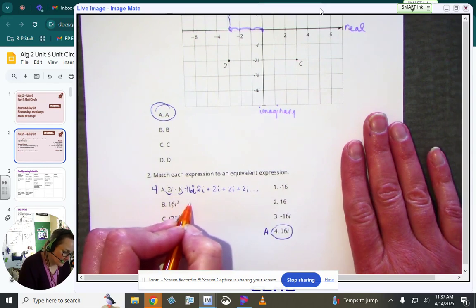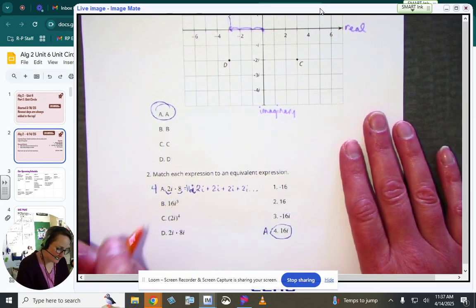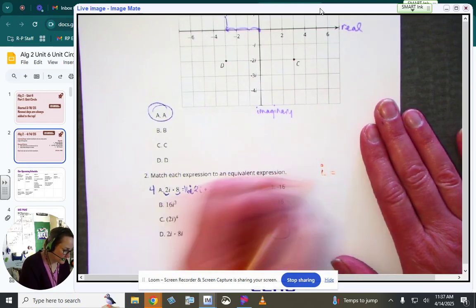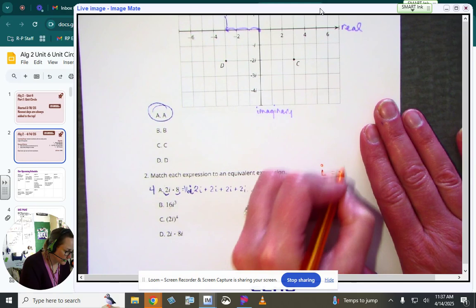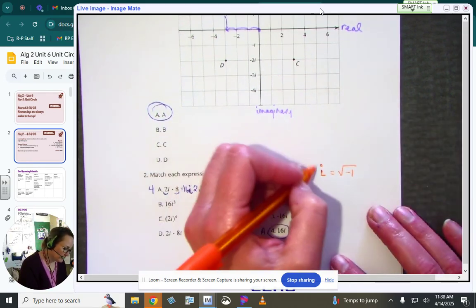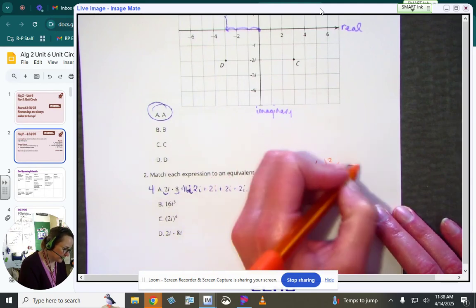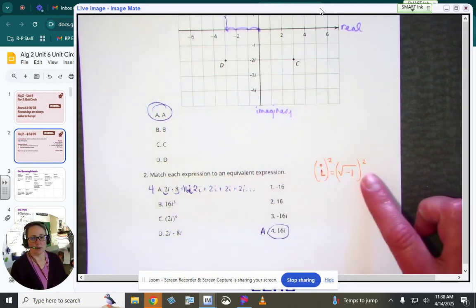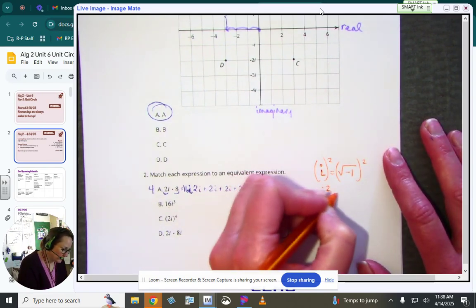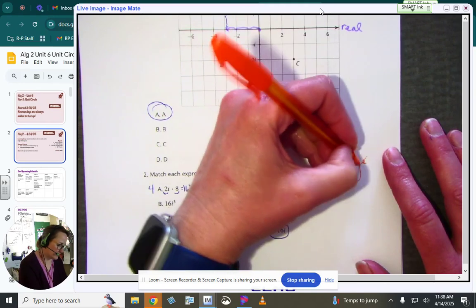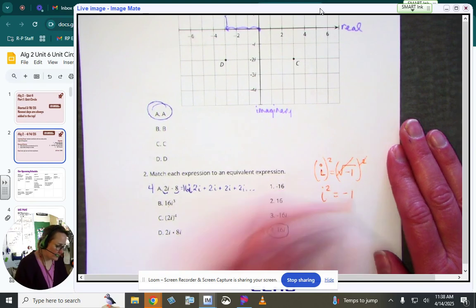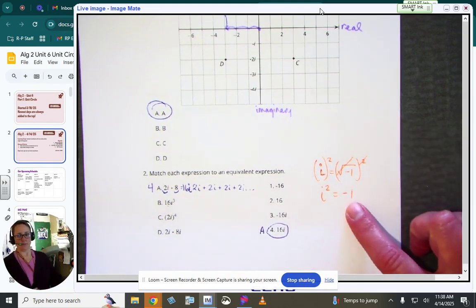What I know, I think we talked about this in Lesson 11, is that if i equals the square root of -1, and I square that, the squared and the square root cancel each other out. So i squared is -1.